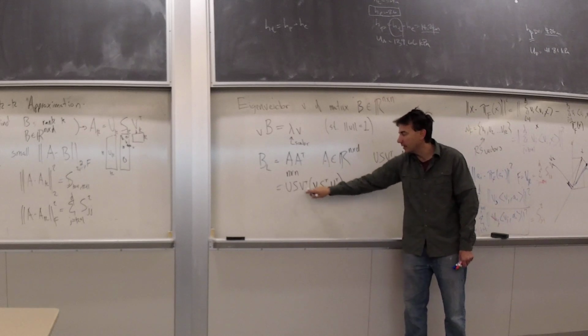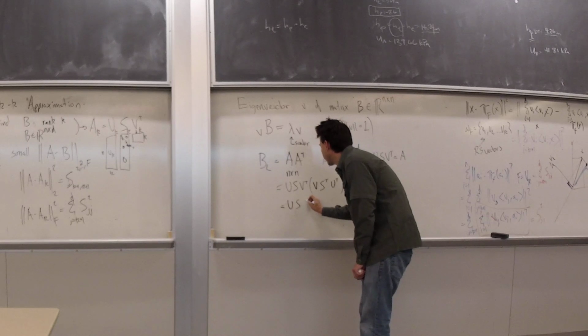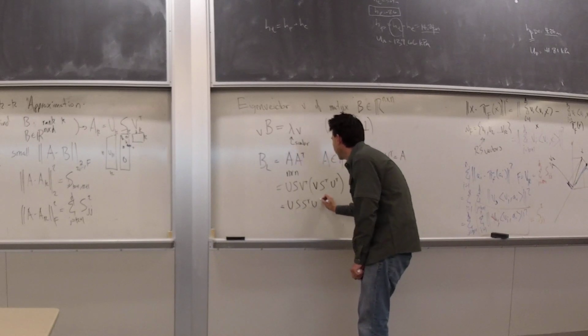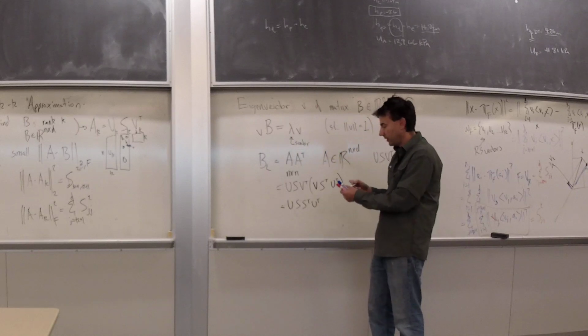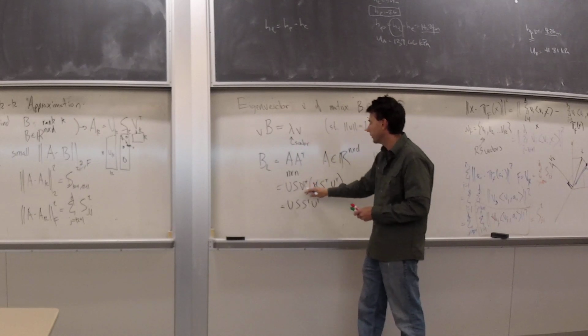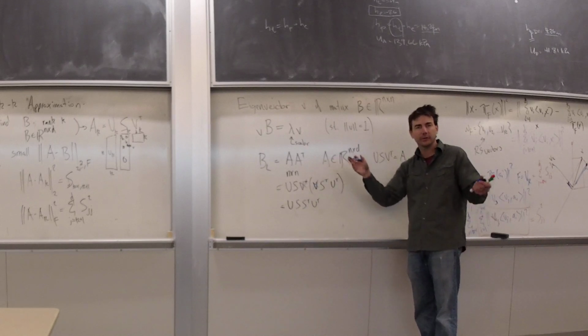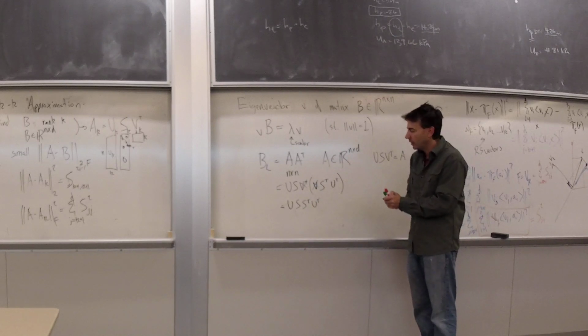But because V is orthogonal, this is equal to U S S transpose U transpose, right? So this cancels because the transpose is the inverse. V inverse times V is the identity, which factors out.